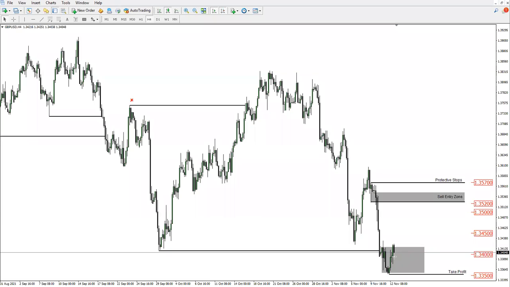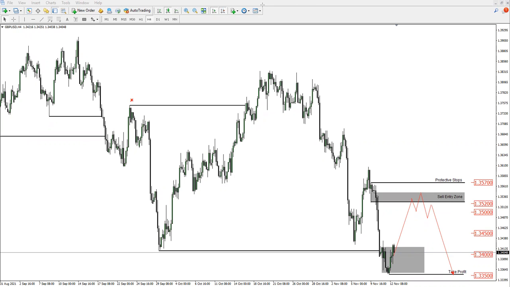Buy here and then trade up in this zone, and then we check on the lower time frames. Are we getting anything that supports it as time to sell?